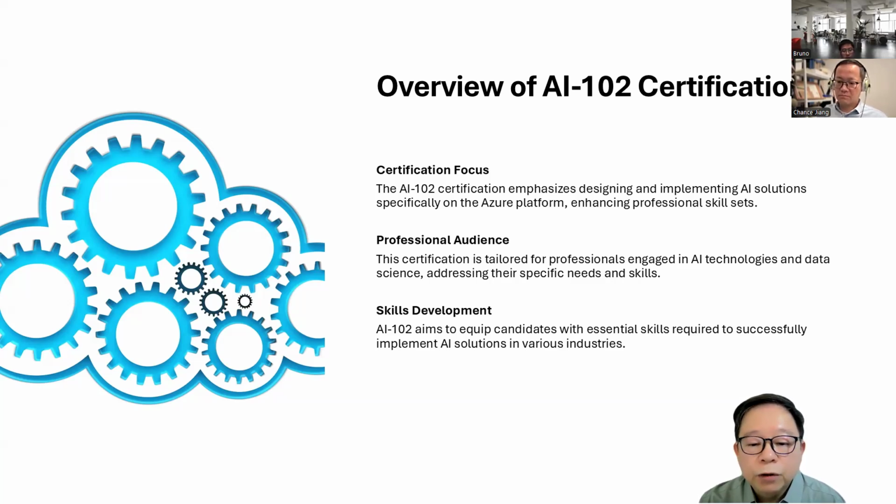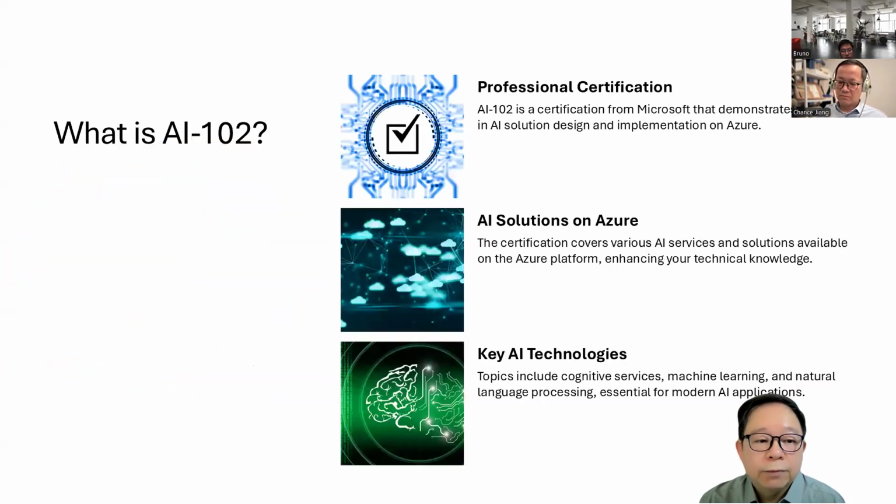AI-102 aims to equip candidates with the essential skills required to successfully implement AI solutions in different industries. That's why this certification is so popular right now. This is a professional certificate, which means it's backed up by Microsoft, the vendor. So when you do an interview, as long as you are able to show them this certification, the company will expect you have the skill and the capability to build AI solutions on the Azure platform.